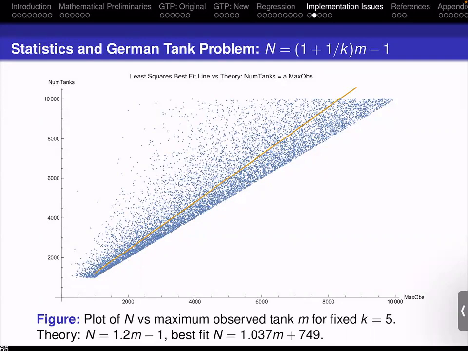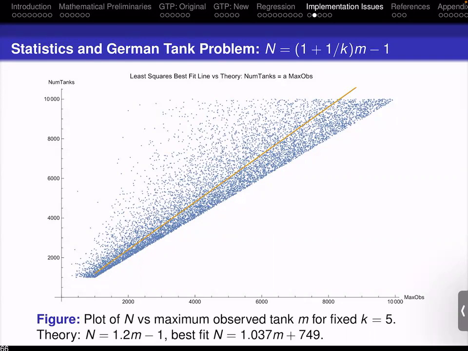So maybe if I start taking even larger values of k, I will finally get something that is reasonable. The reason this is not working out well is that in my method of least squares, the x-axis is supposed to be your independent variable, and the y-axis is supposed to be what you measure.